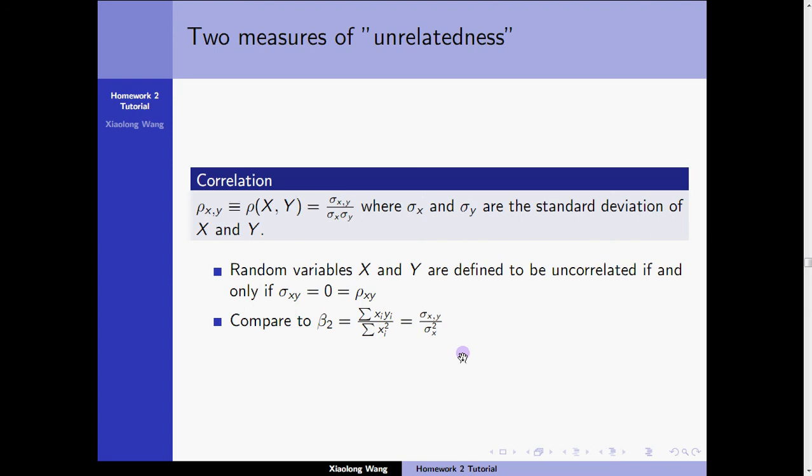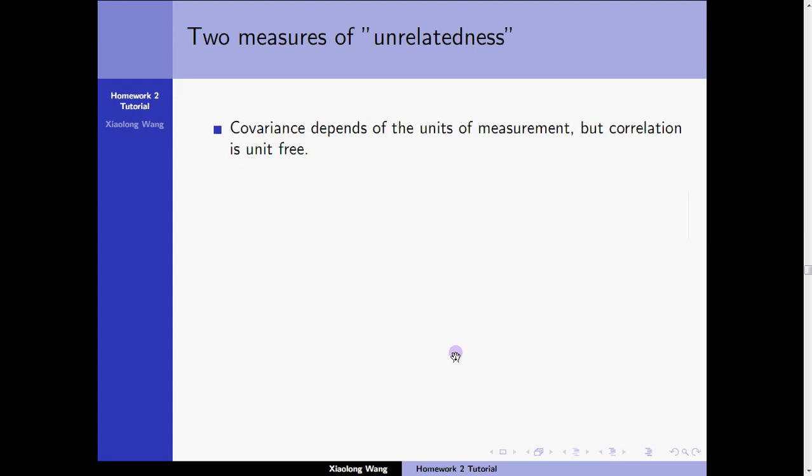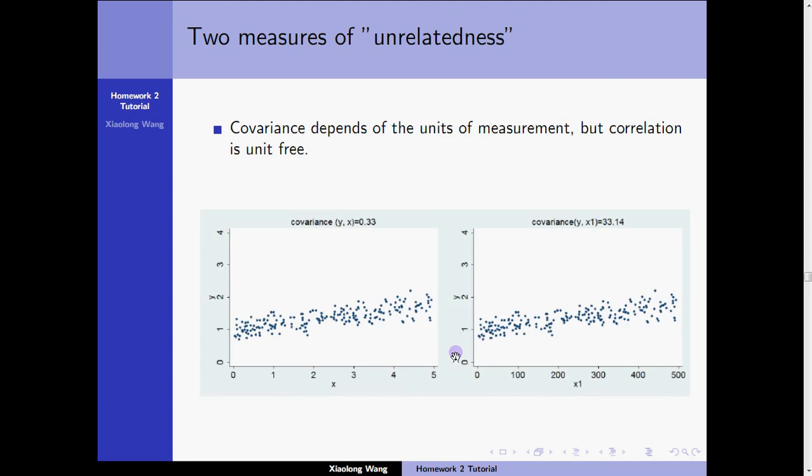There are some points we need to be careful about. Covariance depends on the units of measurement, but the coefficient of correlation is unit free. So what does that mean? If we look at these two graphs, basically they are the same, except that the x here is in a different unit. Here x is measured in a unit of 1, but here x1 is measured in a unit of 100.